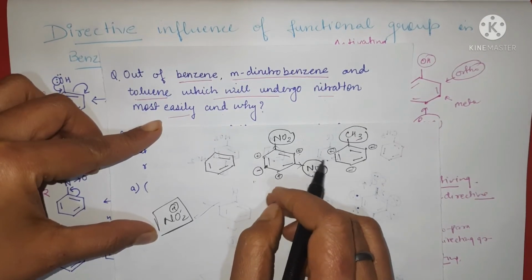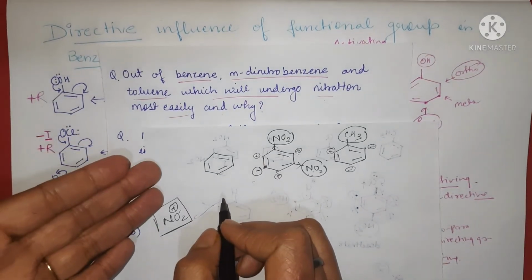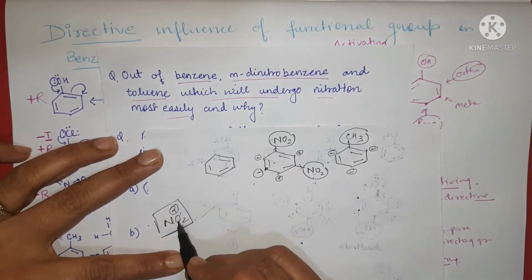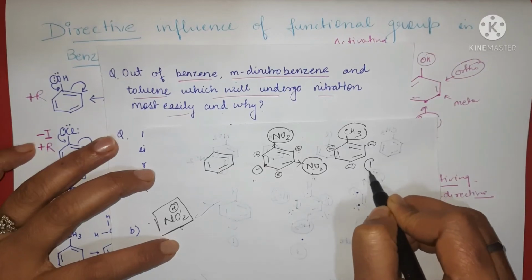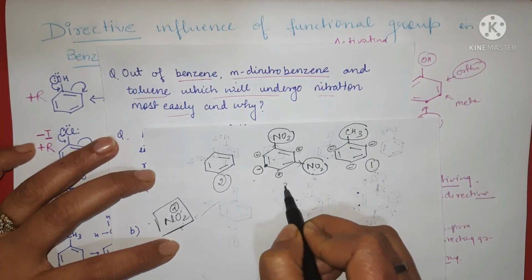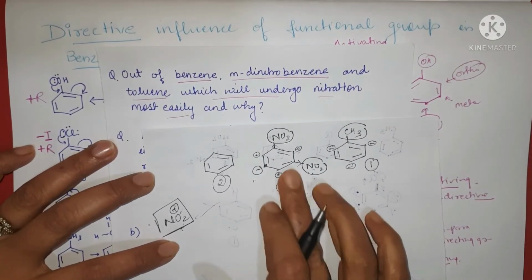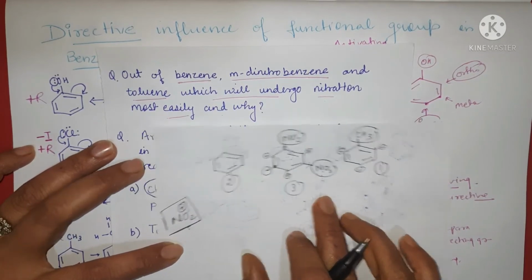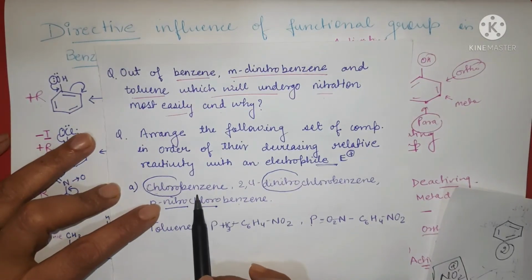And now benzene can show the electrophilic substitution reaction, and no group is facilitating the addition of the nitro group. So this will go through nitration very easily, then this, and then at last this. So the order will be toluene, then benzene, and then dinitrobenzene.